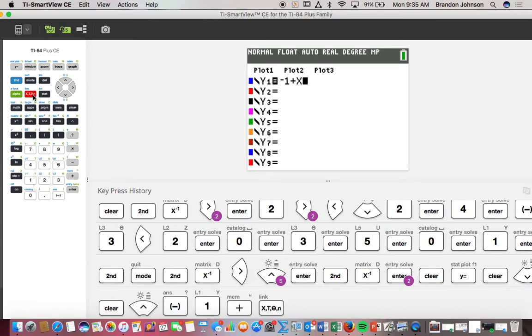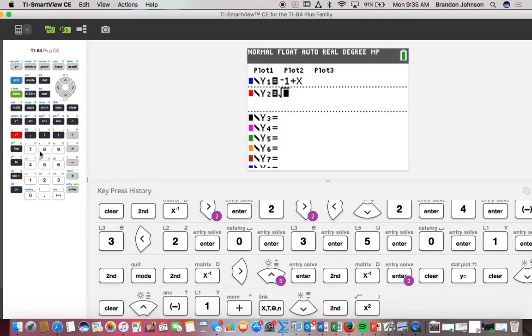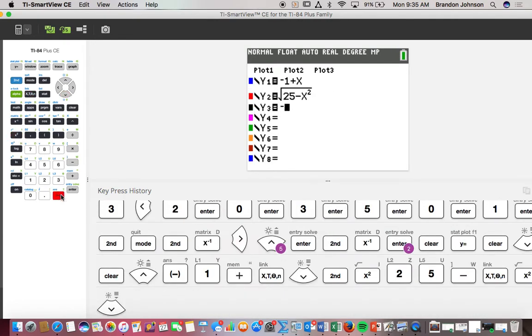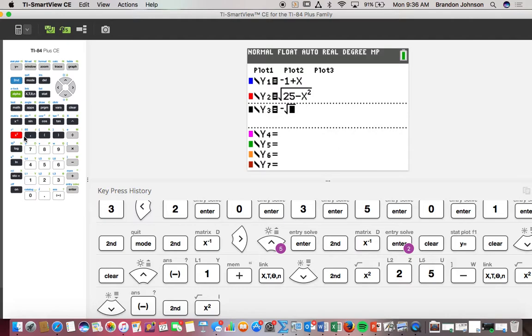For the second and third one, we want to do what with that? Positive square root of 25 minus x squared, right? And then the next one's just negative square root of 25 minus x squared, okay?